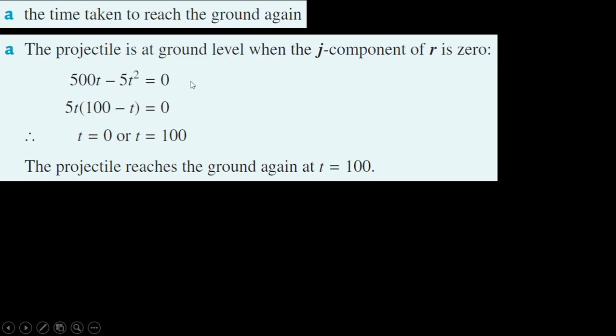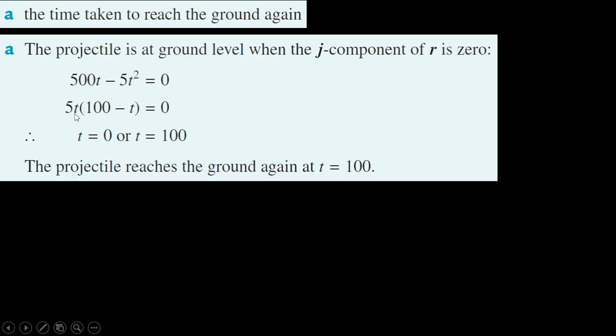Looking at your vector position, all you need to do is take the j component, which is the vertical component, and make it equal 0, which indicates that the projectile is back on the ground level where y equals 0, which is a quadratic equation in terms of t.